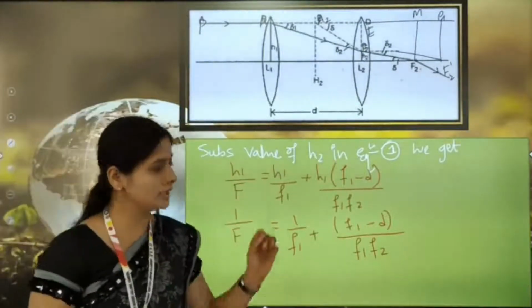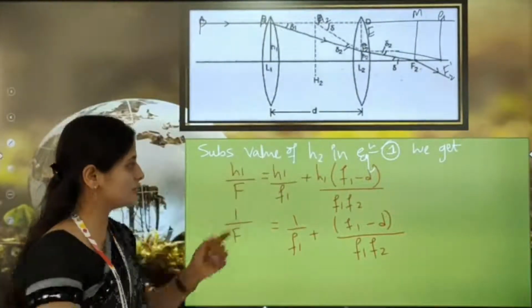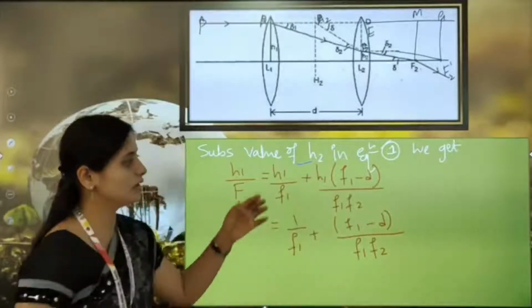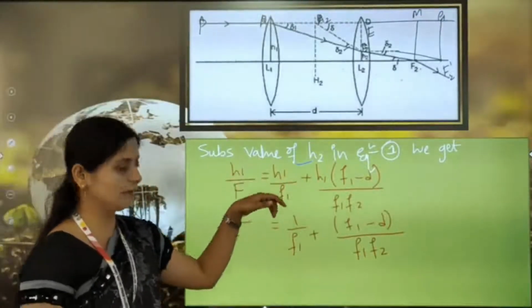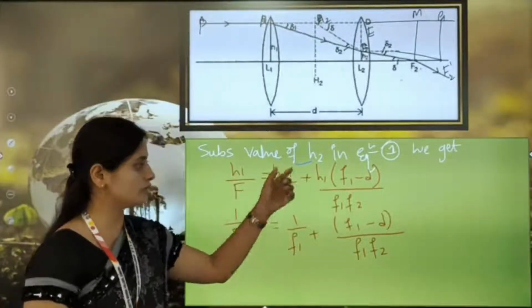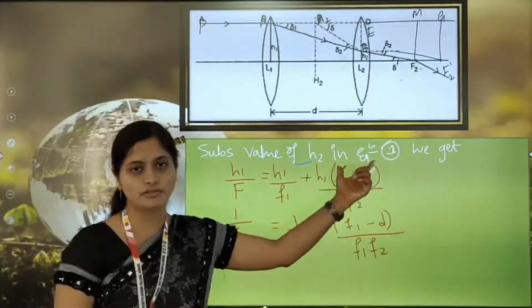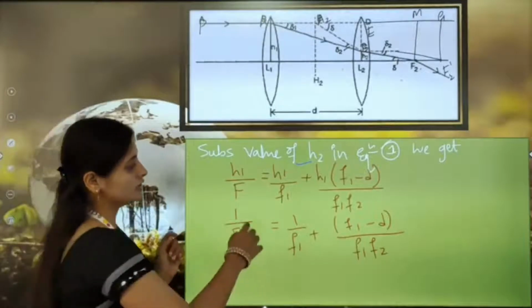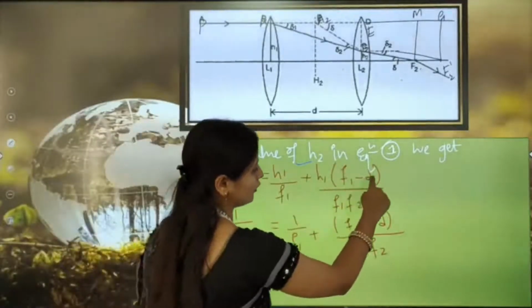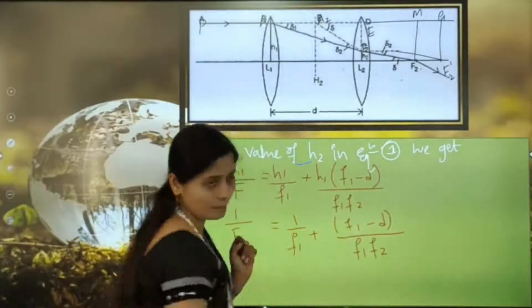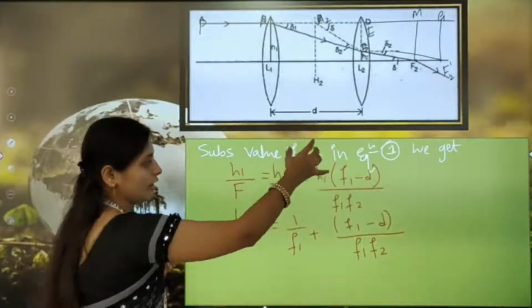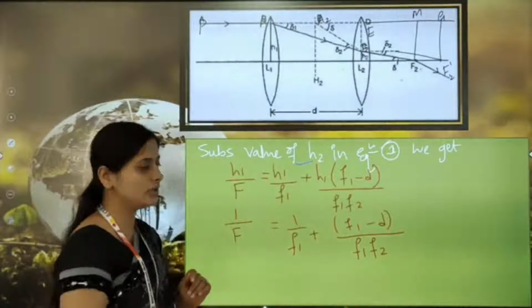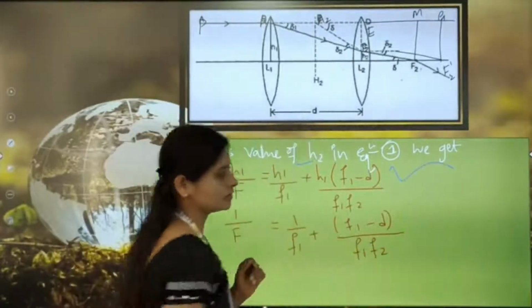In that equation 1 we are substituting the value of h2. So h1 by f as it is, h1 divided by f1 as it is, and we only substitute the value of h2. h2 is nothing but h1 into f1 minus d divided by f1 into f2. Got it? So by substituting the value of h2 in equation 1 we are getting this equation.